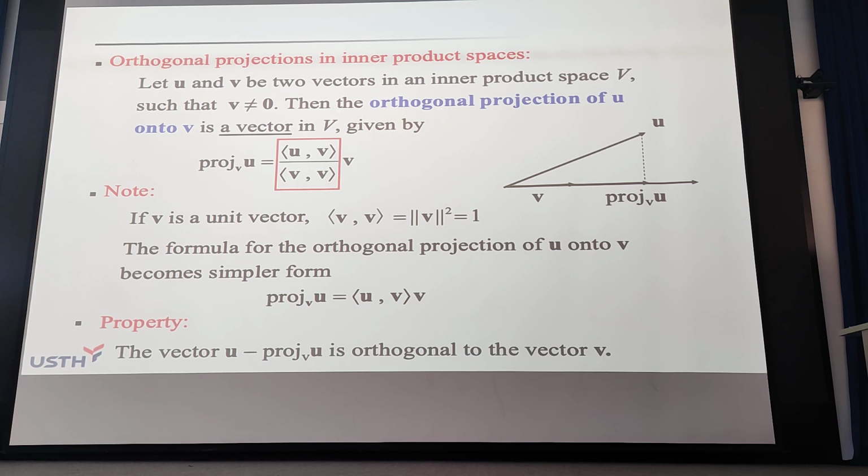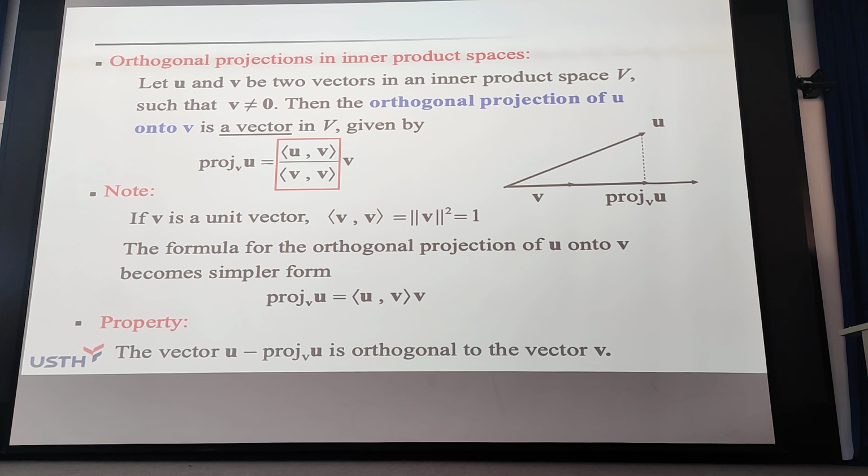Then the orthogonal projection of U onto V, the first thing, it must be a vector, and I insist, underline, a vector. That is a vector in V and given by the formula like that.